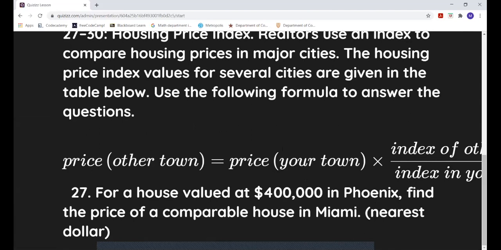So for a house valued at 400K in Phoenix, find the price of a comparable house in Miami. I'll give you a hint. We want to find the price, and instead of other town, now we're saying other town is Miami, and I believe your town is Phoenix.